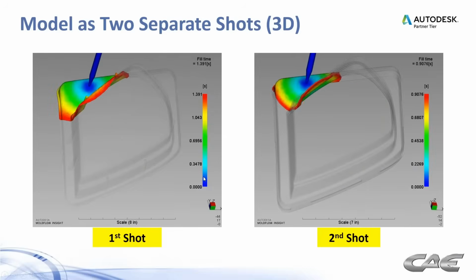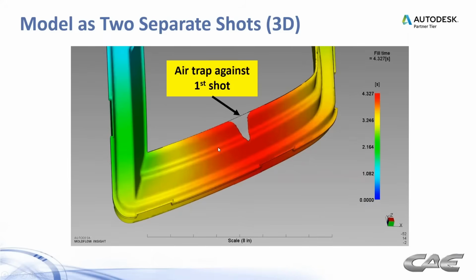And then we look at the second shot here, and we immediately notice something unique to two-shot analysis. We have this air trap here, and that air trap is pushing up against the first shot. The air trap on the second shot is pushing up against the adjacent material on the first shot. And that's a bad deal.